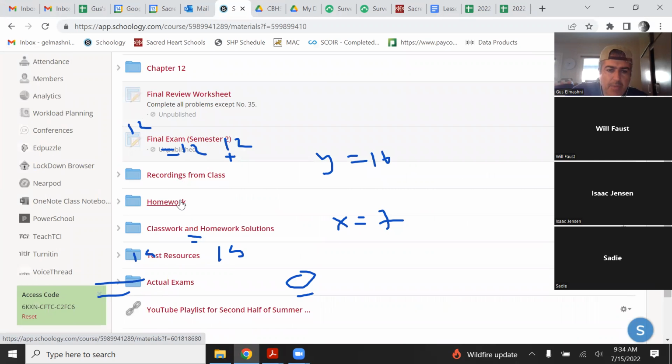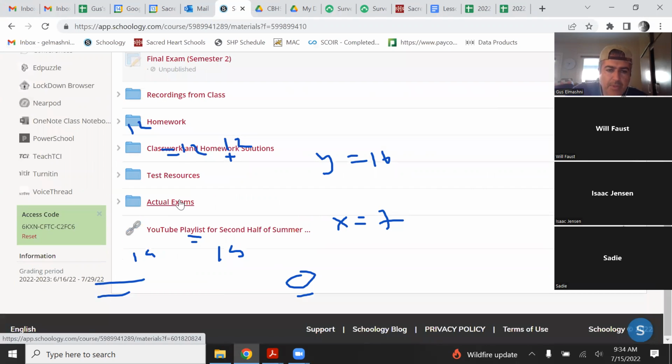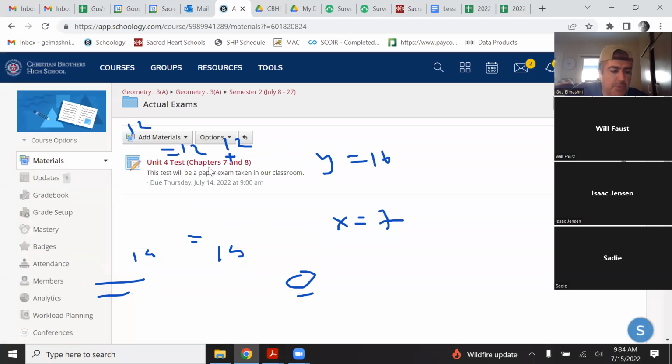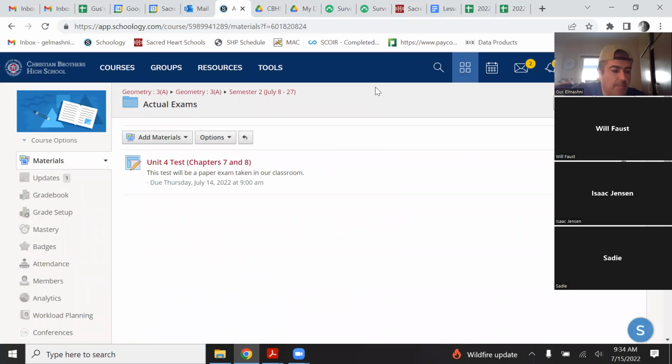The solution keys, I'll probably put them under actual exams, and I'll call it Unit 4 solutions. Hopefully that makes some sense. And you can do corrections for this. I won't hand these back until we're in person on Tuesday. But you can do corrections for them. And I did put the grades in Schoology.